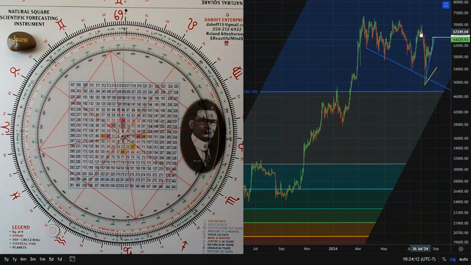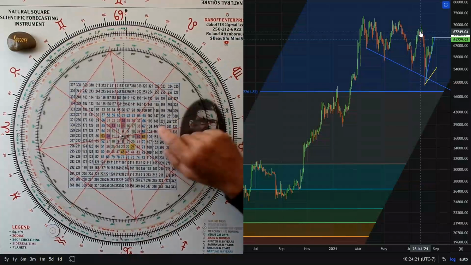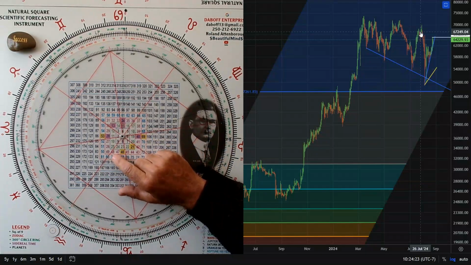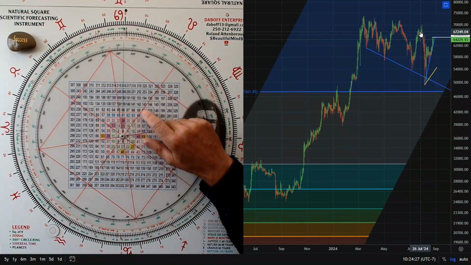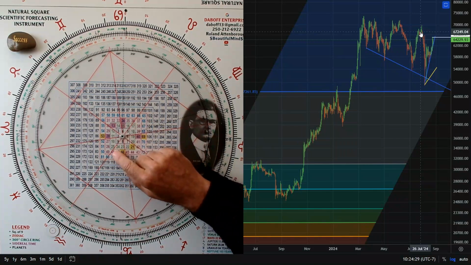And that's going to occur September 11th. And it looks an awful lot like, to me, we might be coming back to this 49,000. We don't have to.